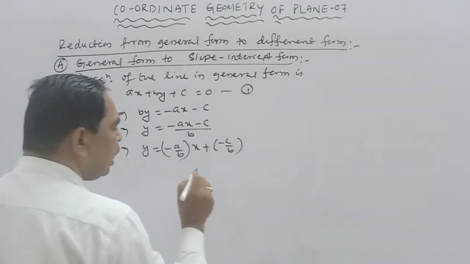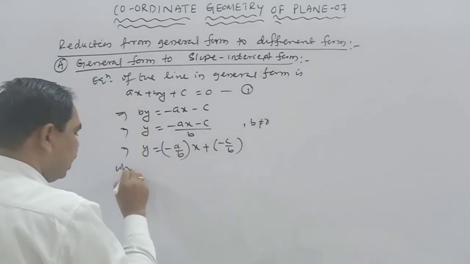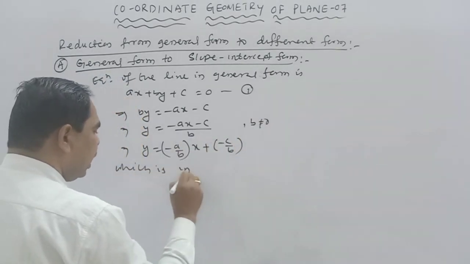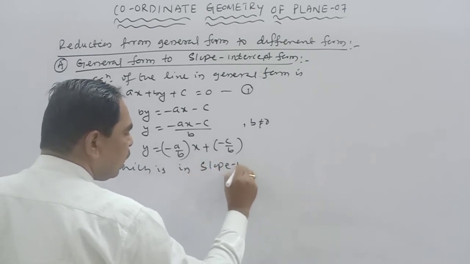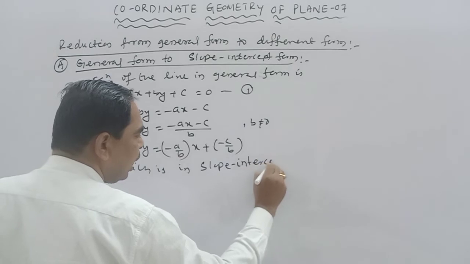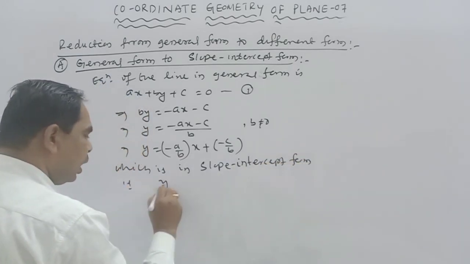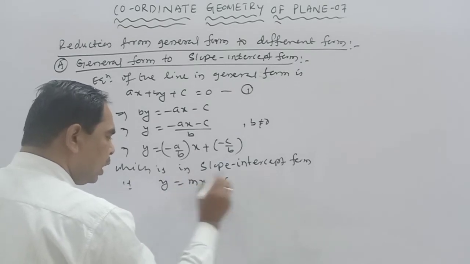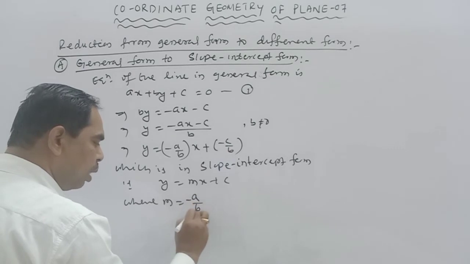which is in slope intercept form, that is y is equal to mx plus c, where m is equal to minus a by b.